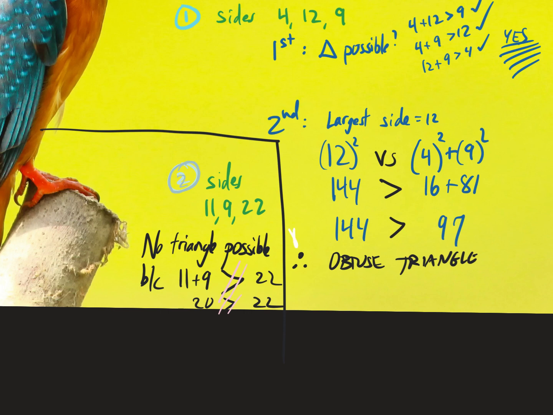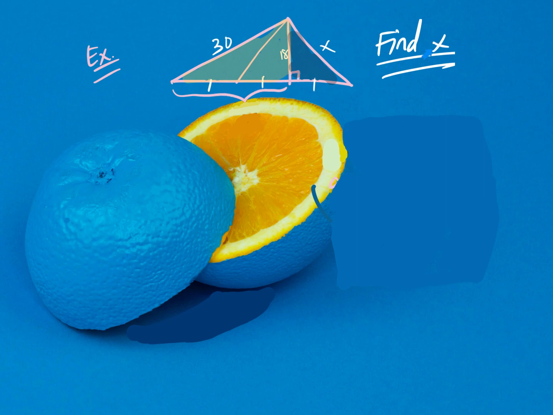All right, in this example, we're supposed to find x. And we're given 3 congruent segments, a side of 18 and 30. Well, how are we going to find x? We'll use this yellow triangle, which is a right triangle.